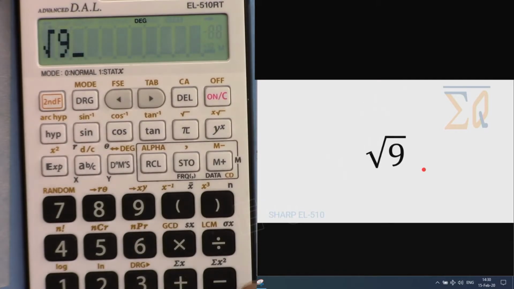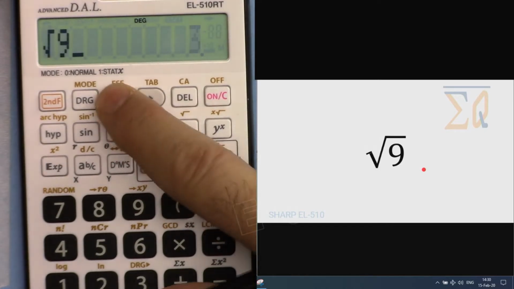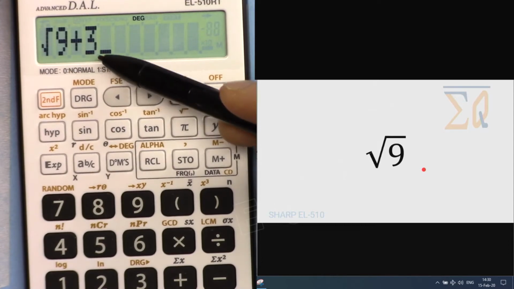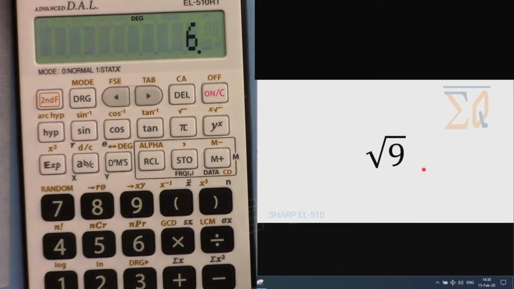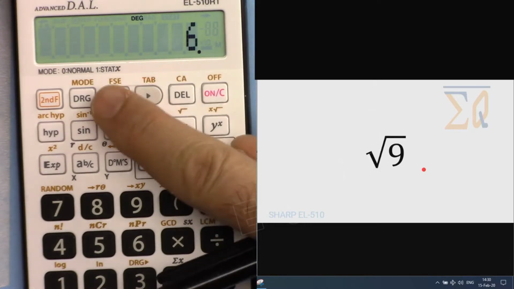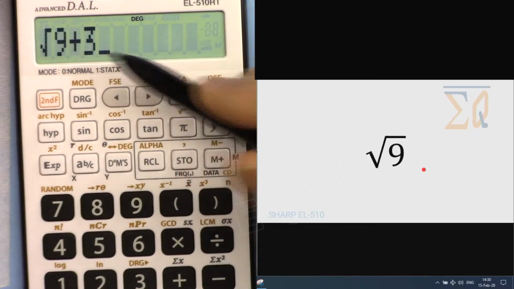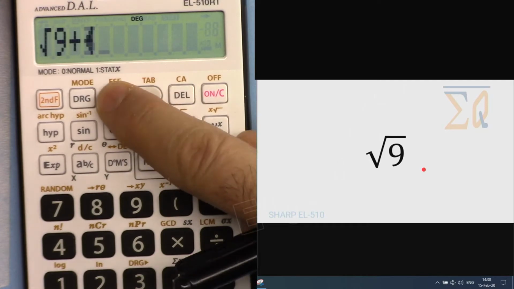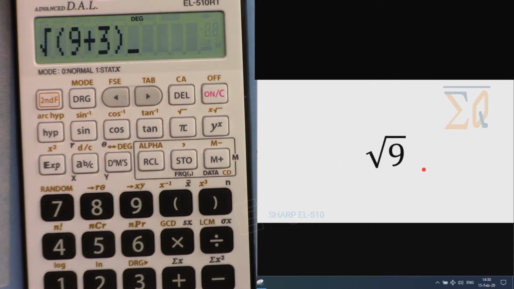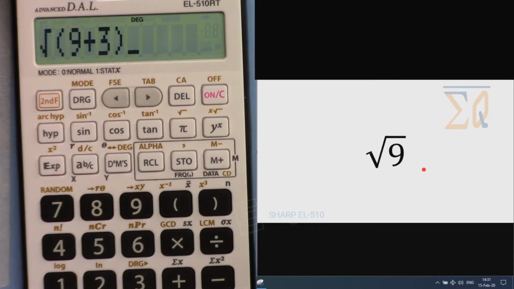Now this will take square root of 9, but if I go back, if you want to do plus 3, now this plus 3 creates a problem. Let's see, it gives you 6. This is understood, but if you want to do square root of 9 plus 3, then you can do it this way and then close it. Now 9 plus 3, 12. Now this will be square root of 12.